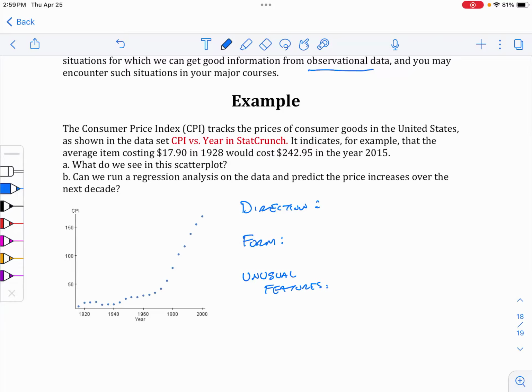Is this positive, negative, or horizontal? Positive, absolutely. Here's the tough one. What is the form here? Is this linear? Let's start there. No, this is not linear. And technically, that's all you really need to know. This is not a line. It's flat, flat, flat, goes up. This is the definition of exponential.